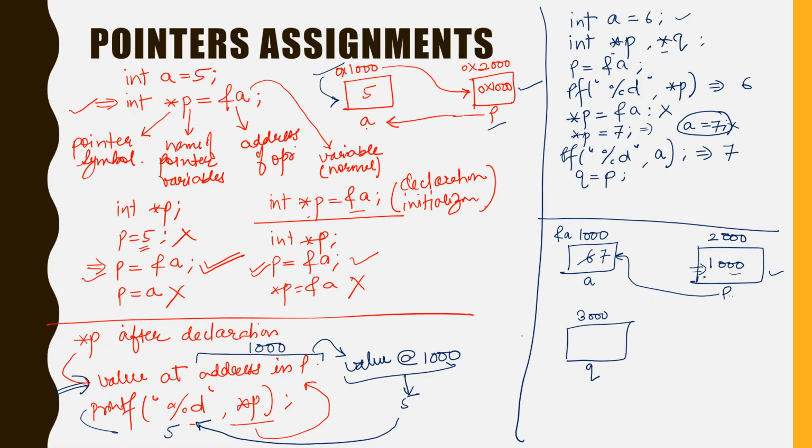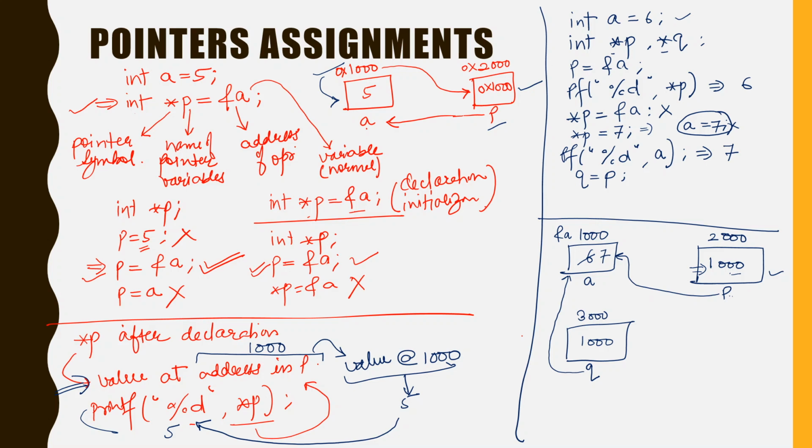Now if you copy the value of P into Q, this 1000 will be copied in Q also. Since Q is a pointer variable, as soon as you do this, Q will also start pointing to A.